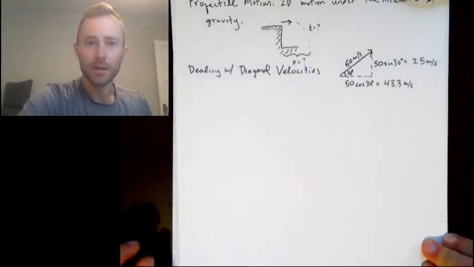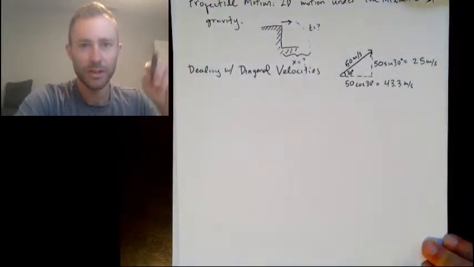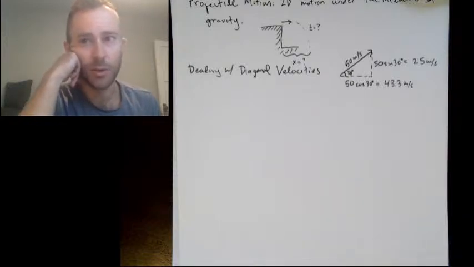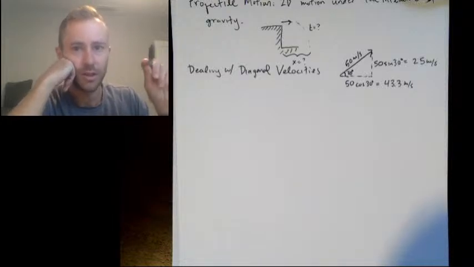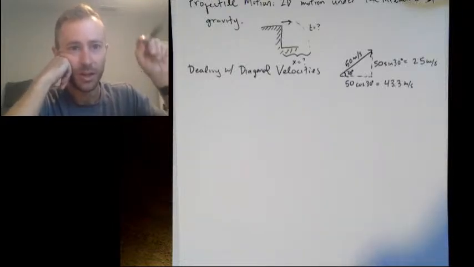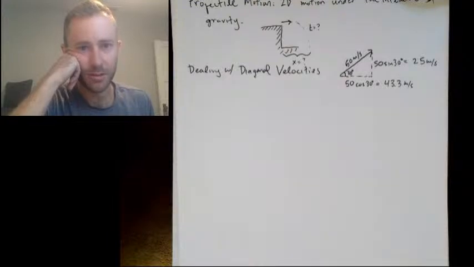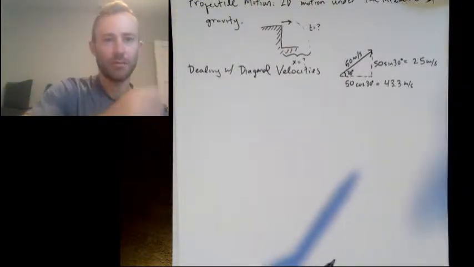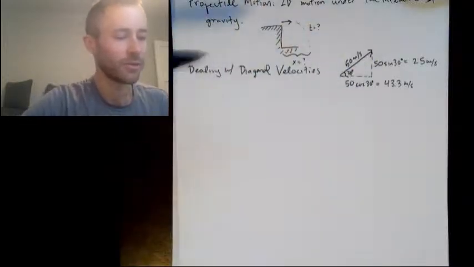All right. So what that means is that a 50 meters per second velocity at an angle of 30 degrees to the horizontal is equivalent to motion that is 25 meters per second up and 43 meters per second to the right. If you combine those two motions, you get 50 meters per second at an angle of 30 degrees.